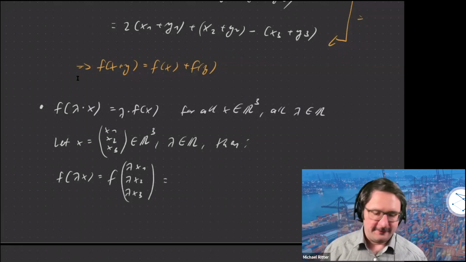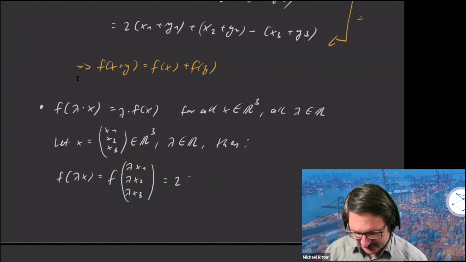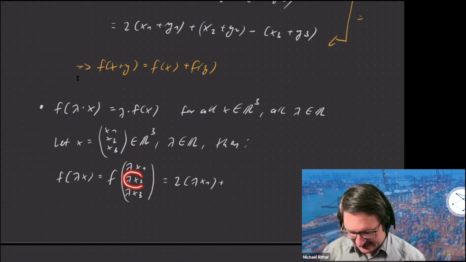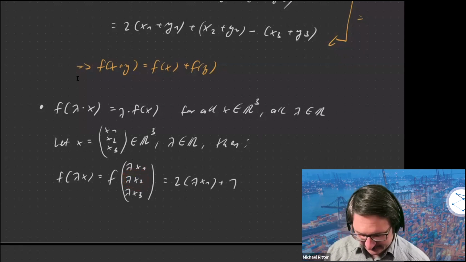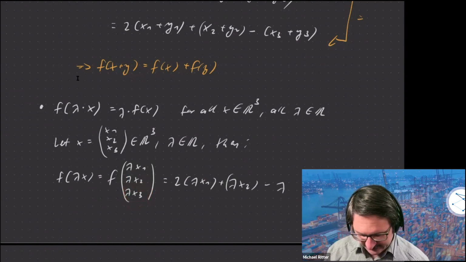Then we apply f. Applying f means take 2 times that first coordinate, so we get 2 times lambda x1. Then add the second one, so we add lambda x2. And finally subtract the third coordinate, so we subtract lambda x3.